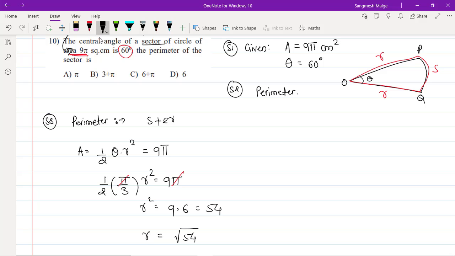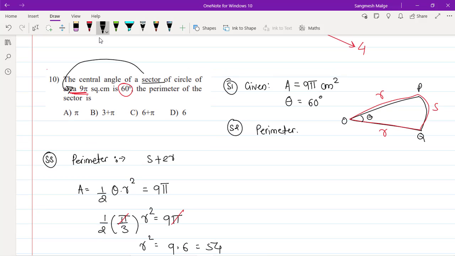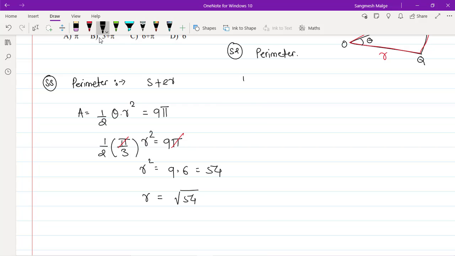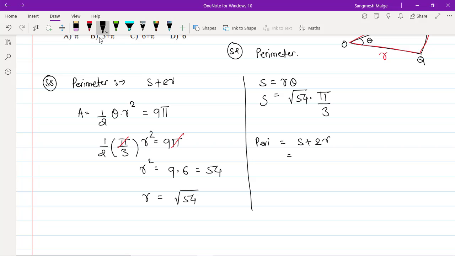Okay, so what will be the arc S? S is equal to r into theta. R is root of 54 and theta is pi by 3. This becomes my S. Now perimeter is equal to S plus 2 into r, so root of 54 into pi by 3 plus 2 into root of 54.